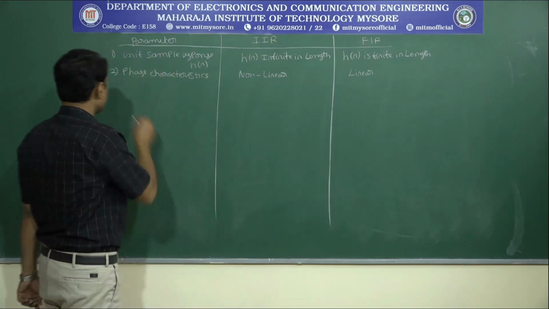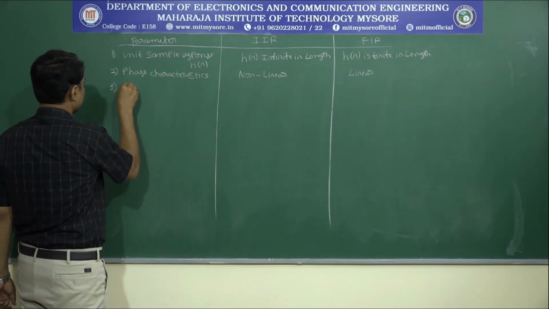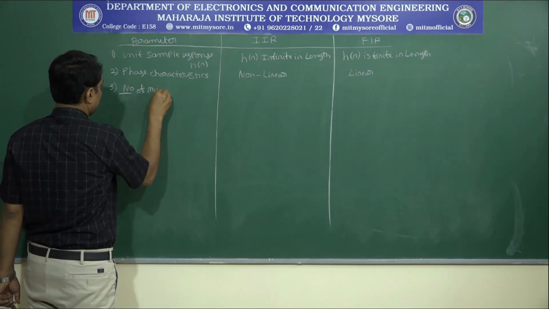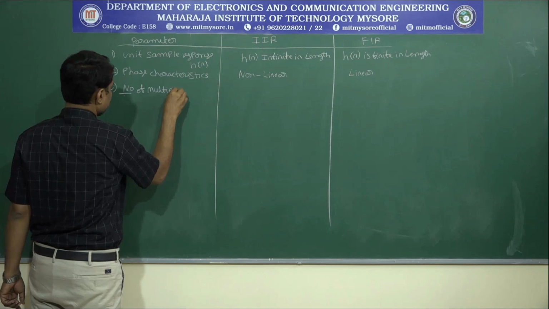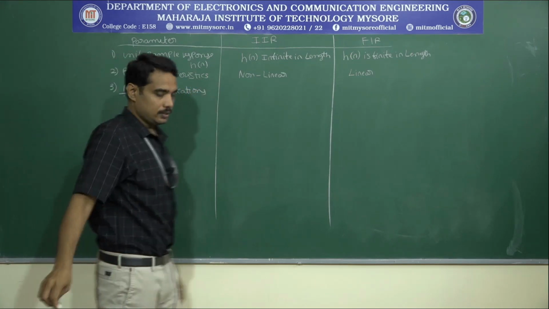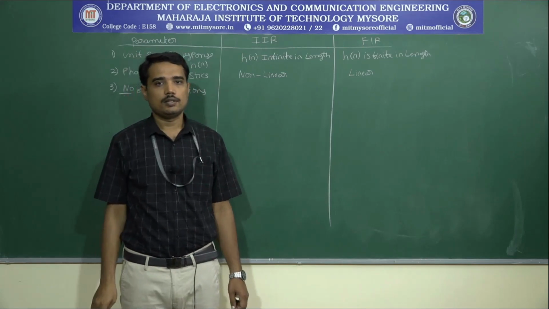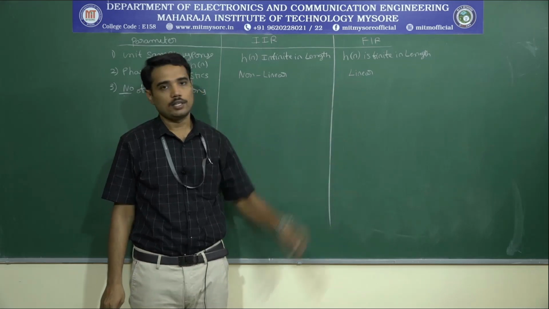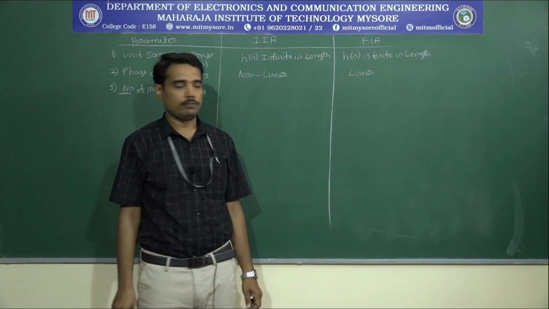Next parameter is number of multiplications required. IIR requires less number of multiplications, and FIR requires more number of multiplications.